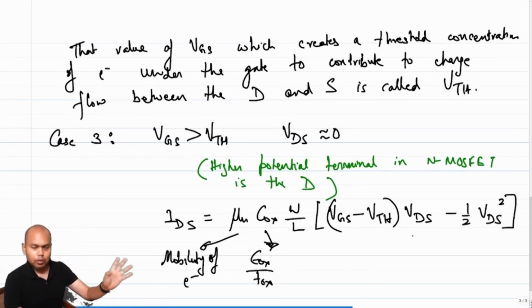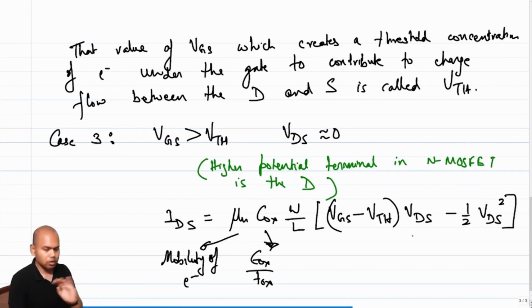You don't have to worry about these epsilon ox, T ox, mu n numbers in this course, because everything will be given to you. This is not a device physics course. If you were a device designer, then definitely you have to worry about that.